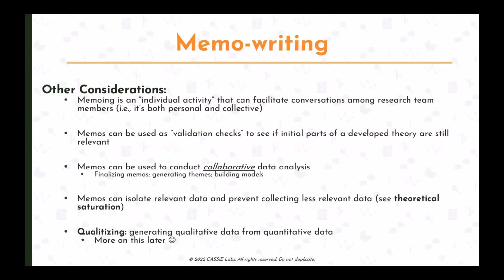But to qualitize is simply the process of generating qualitative meaning from data that began quantitative. There's a neat example. I believe these are articles that Carrie shared with us, some of which I've used to base this presentation on.